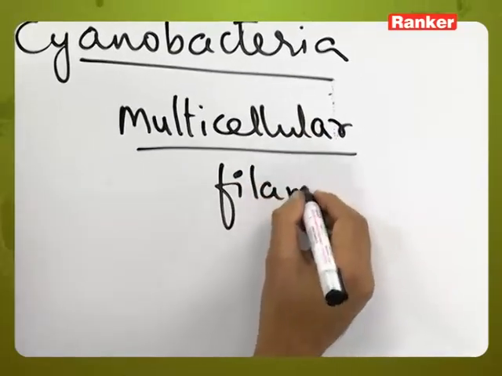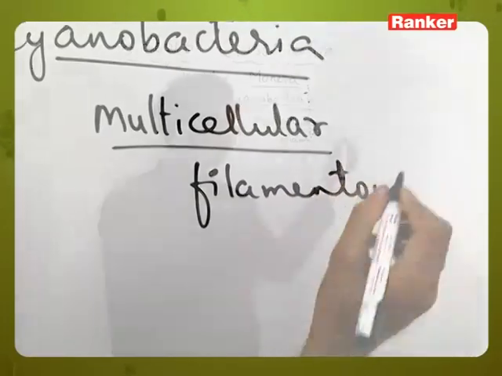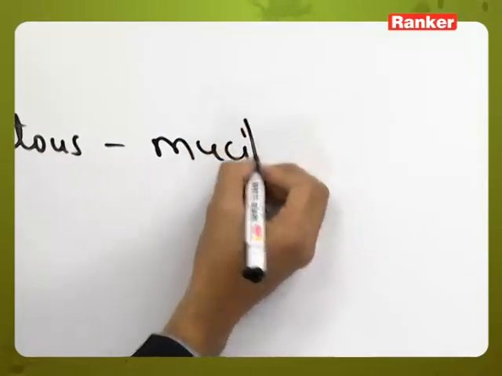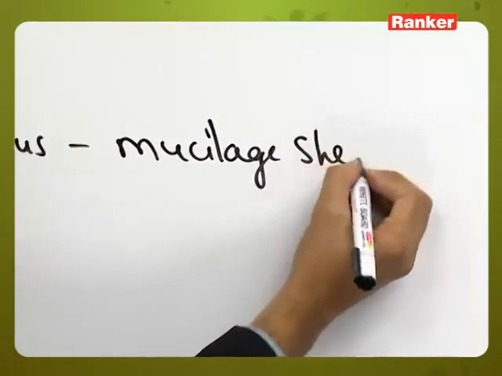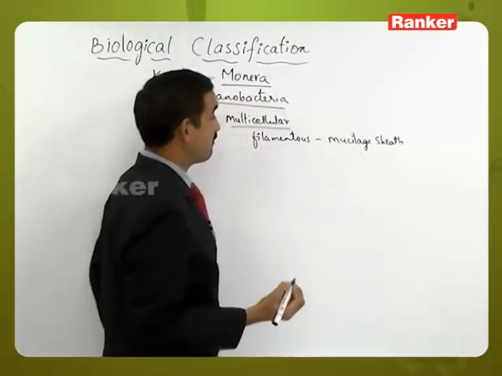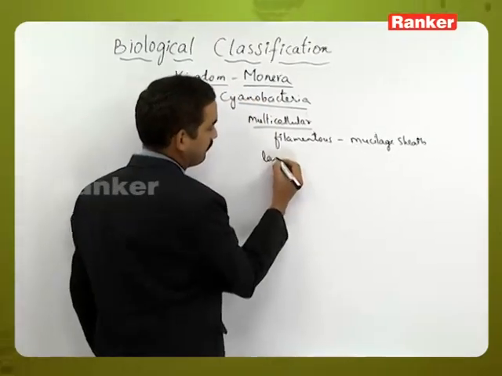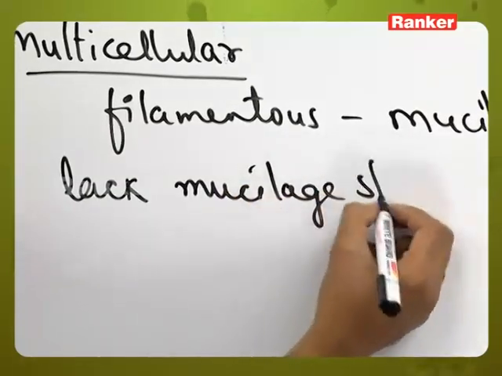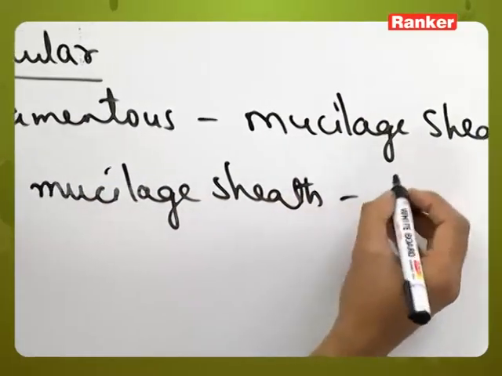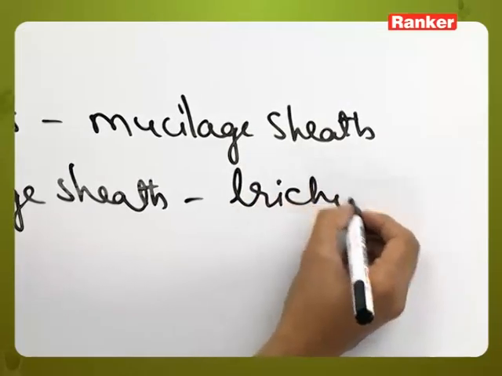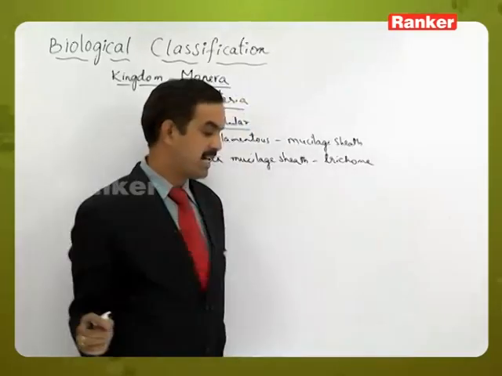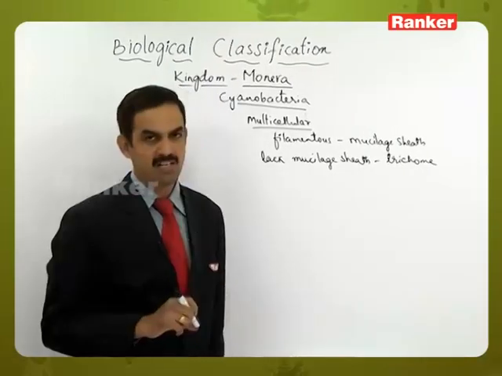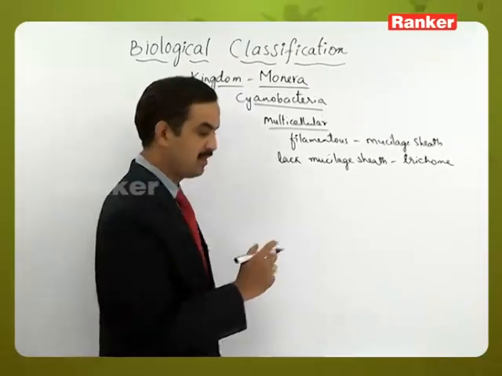This filamentous structure is surrounded by a mucilage sheath. Some filaments lack the mucilage sheath, and without the mucilage sheath, the filamentous structure is called a trichome. Likewise, this type of organization will be there in the multicellular filamentous Cyanophycean members.